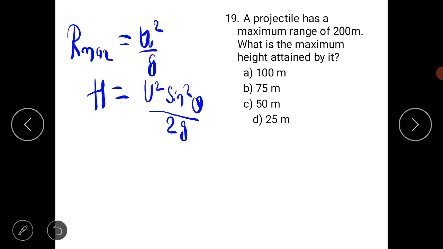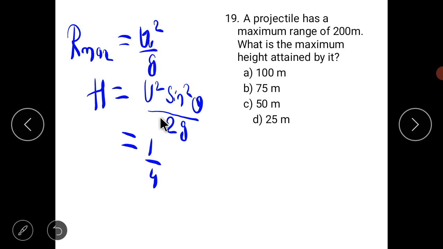Already we know R is maximum and theta is 45 degree. So sin 45 is 1 upon root 2, and squared it is 1 upon 2. So sin square theta is 1 upon 2, so 2 comes to the denominator. Already one more 2 is there, so it becomes 4.